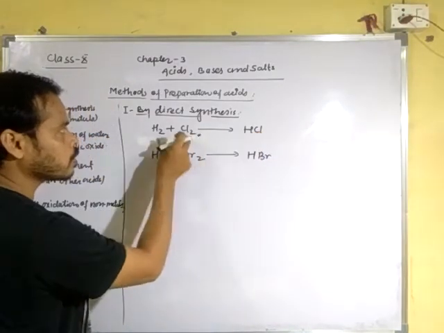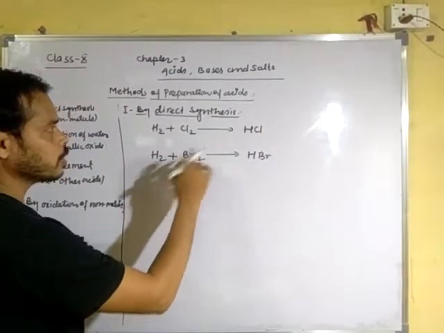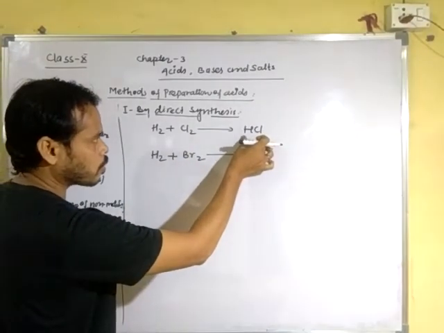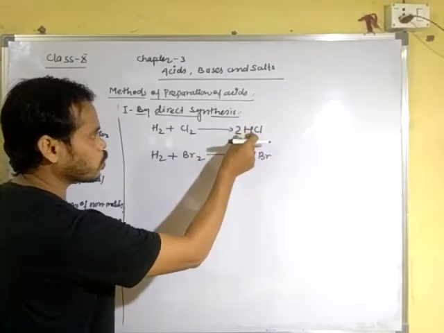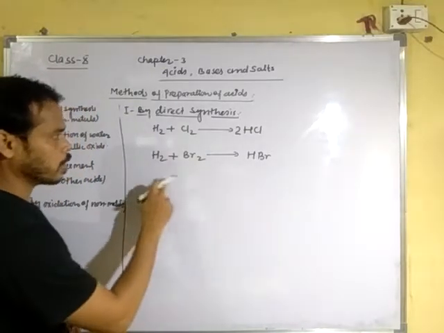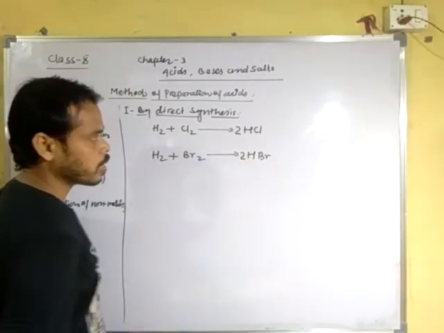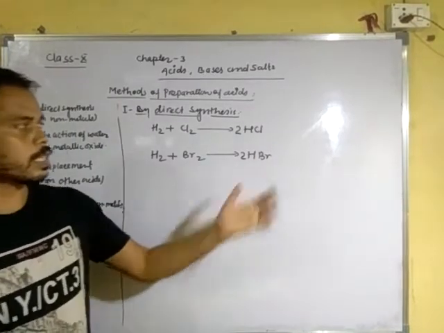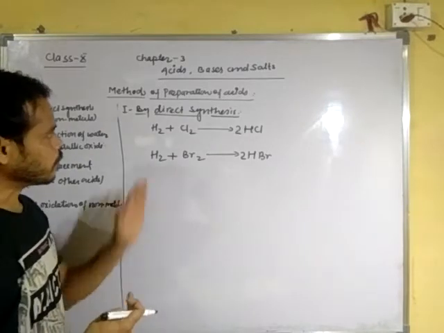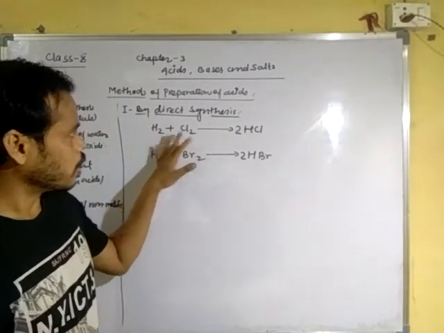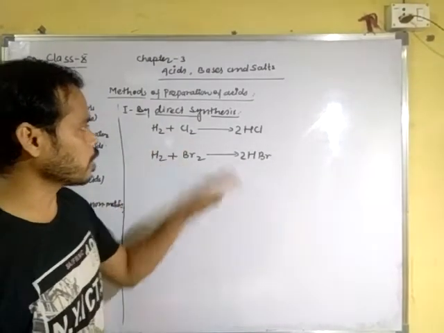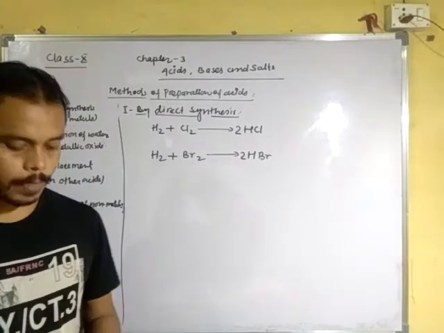To balance the elements on both sides, we have to multiply the product by 2: H2 + Cl2 gives 2HCl, and likewise 2HBr. Hydrochloric acid, hydrobromic acid: you can see how we directly obtain acid from non-metals. This is the direct, very simple method.